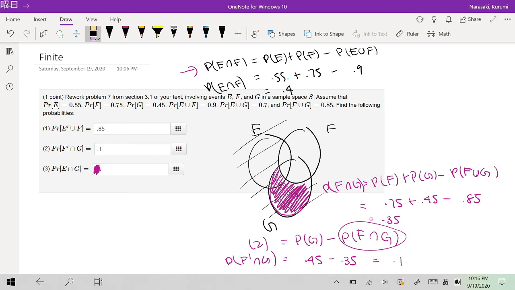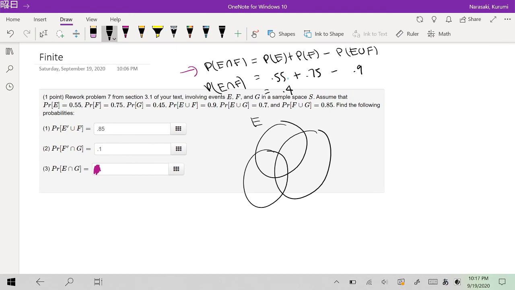Let's check it out. Good stuff, good stuff. Alright, third problem. If this is E and G, then E and G is just this area right here, agreed? Well, hey, that's so easy. We already practiced this so many times, right? We can just use the formula that we've been using the whole time.